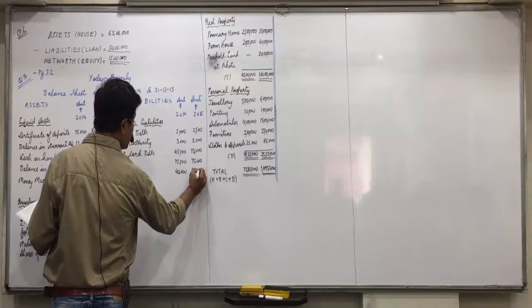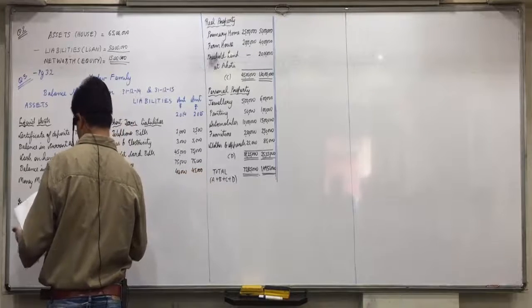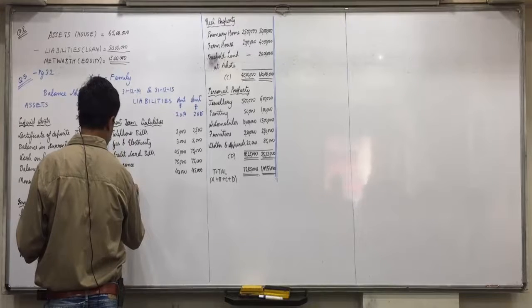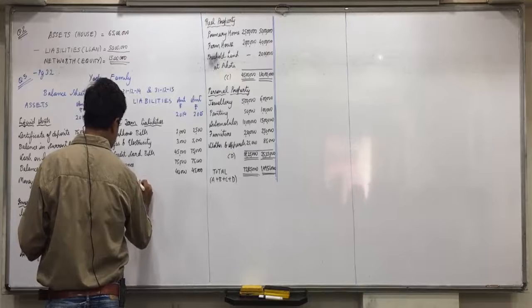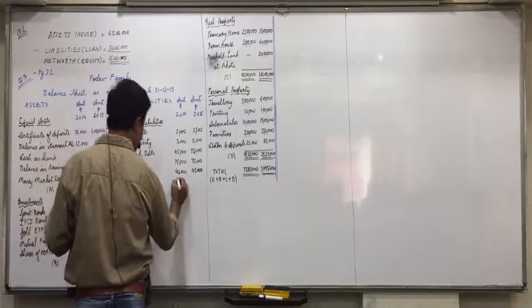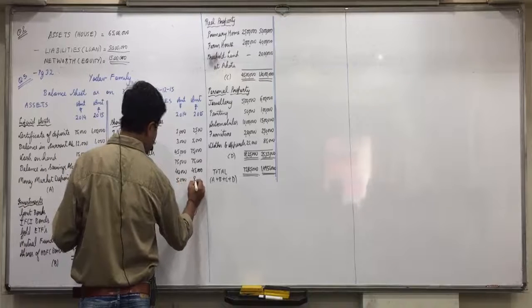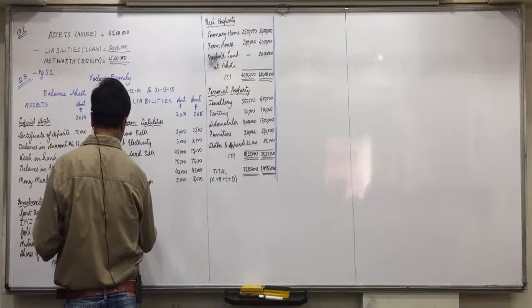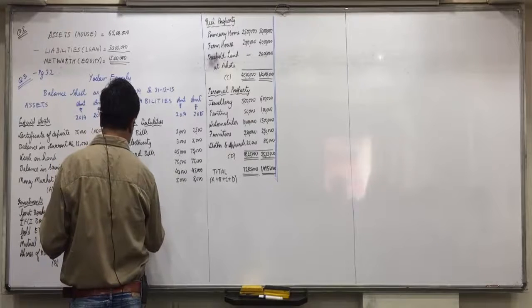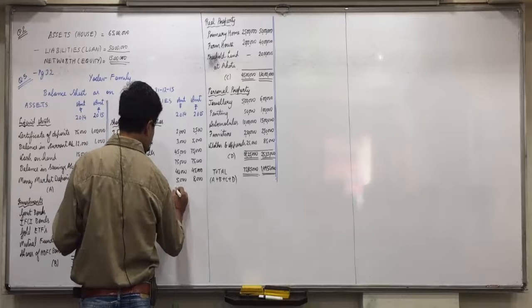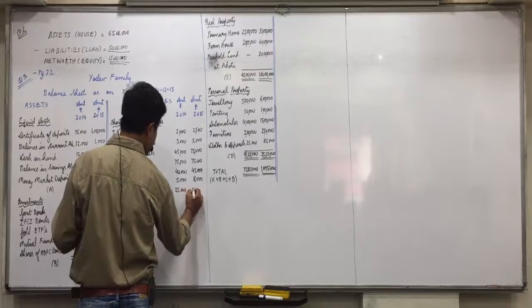Then outstanding bank charges, 5,000 and 8,000. Outstanding medical bills, 25,000 and 50,000.